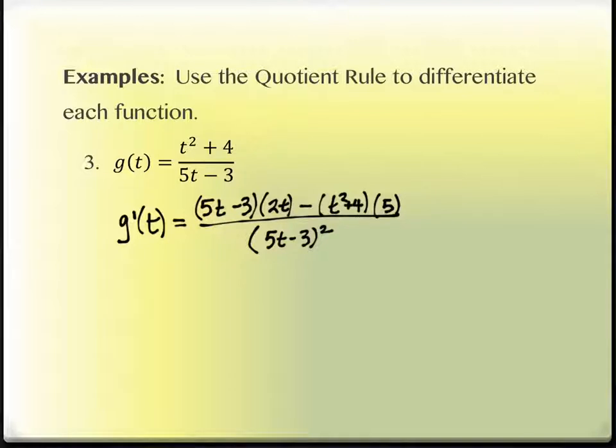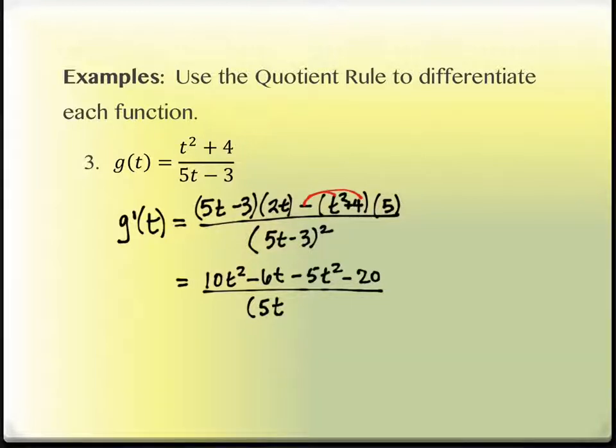I can clean it up though by multiplying things out. So this would be 10t squared minus 6t, and then minus 5t squared. Again, remember this negative applies to both pieces. Another common mistake, so minus 20, not plus 20. There is almost never a reason to multiply the denominator out.